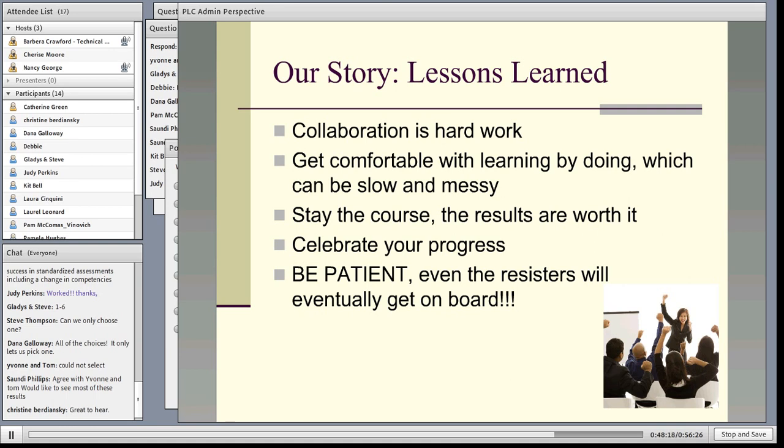Something I forgot to mention earlier, I started to talk about walkthroughs, and then I think I got on another train of thought. We started the walkthroughs with administrators walking through and collecting that data, but we quickly discovered that the teachers really needed to be a part of the walkthroughs as well. So we now use what we call a rolling walkthrough schedule, so that every teacher gets to come out of their classroom for an hour.